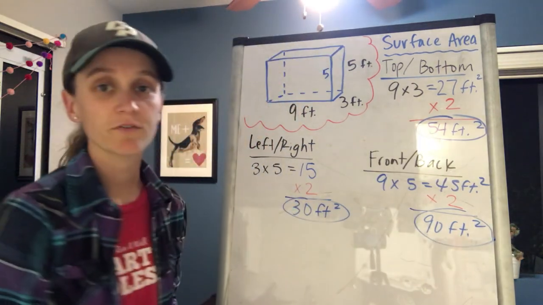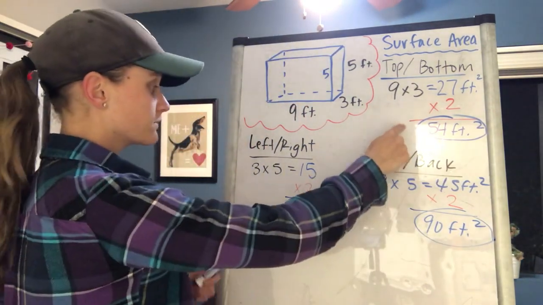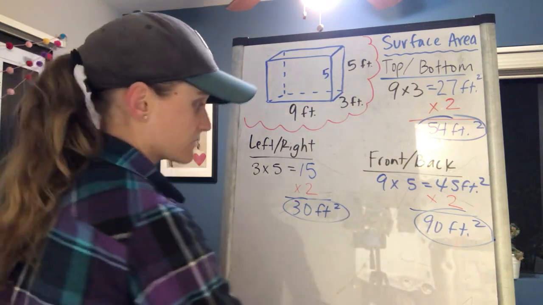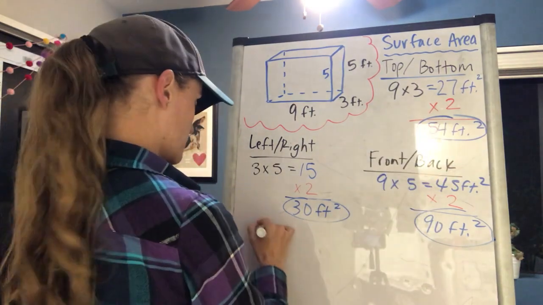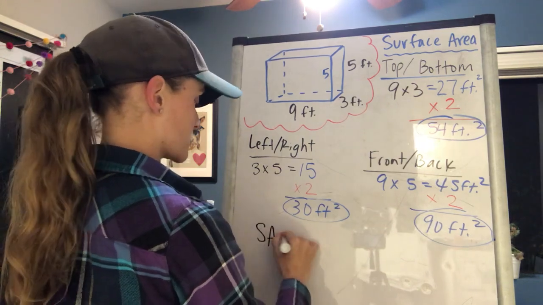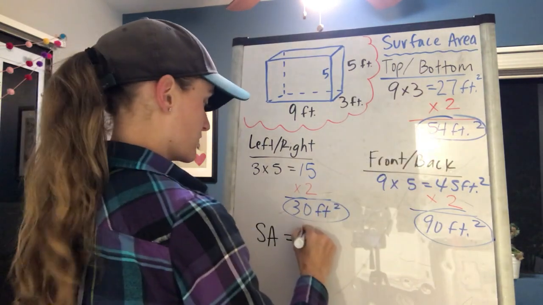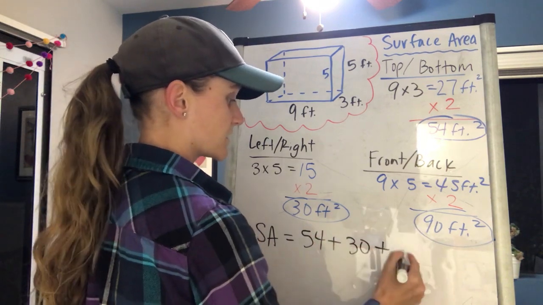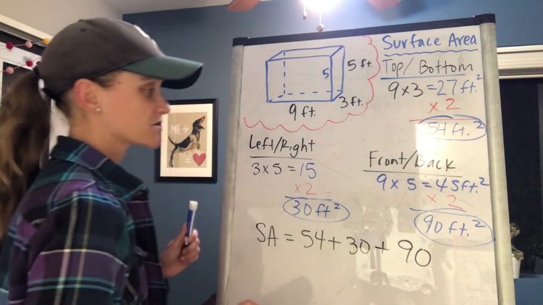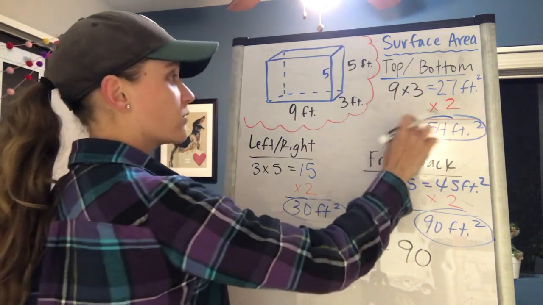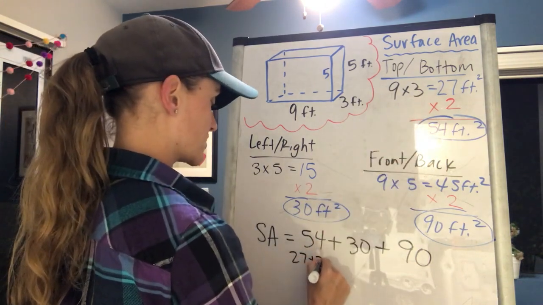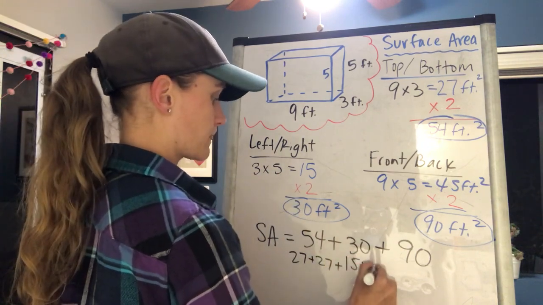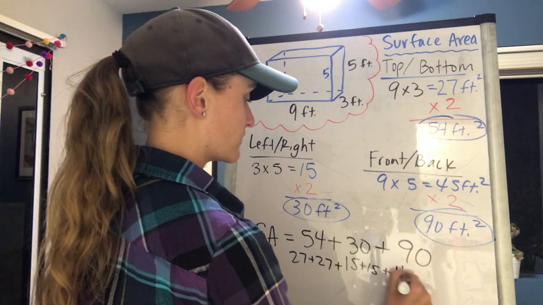Okay. So now I found the area of the top and bottom, left and right, front and back. So now what I need to do is add all these numbers together. So let's say SA for surface area. I'm going to add 54 plus 30 plus 90. And if I was to break it down, I could have said, well, I'm going to add 27 plus 27 plus 15 plus 15 plus 45 plus 45.